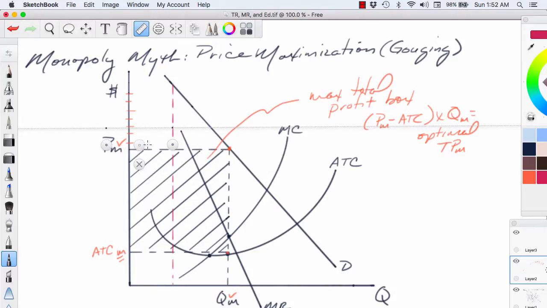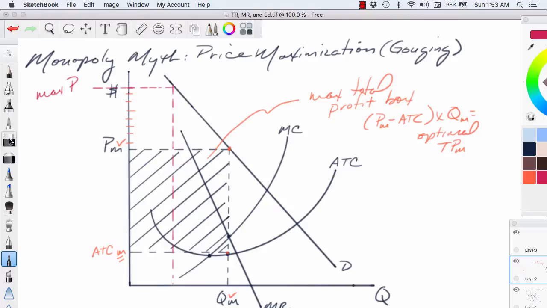Let me get this level. Then I'm going to push it up here, and this price, I'll bring it over here. This price, which I'm going to call the maximum price, not the profit maximizing price, but the maximum, and it's not the maximum price. There are prices above that.